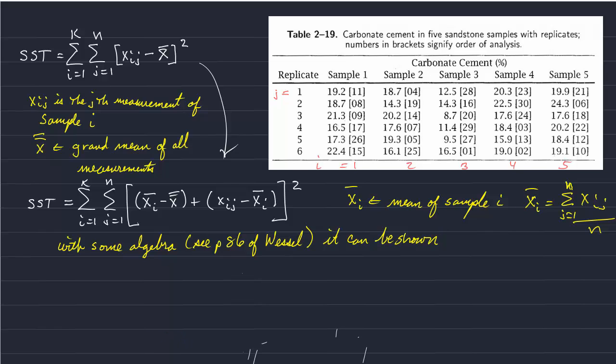that the different cross terms involved with evaluating this total sum of square deviations can be separated out into their individual sum of square quantities. The first being the sum of square deviations of the means from the grand mean plus the sum of square deviations of each sample value from its own mean.